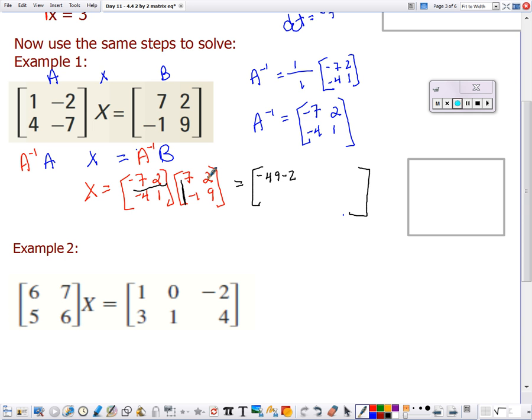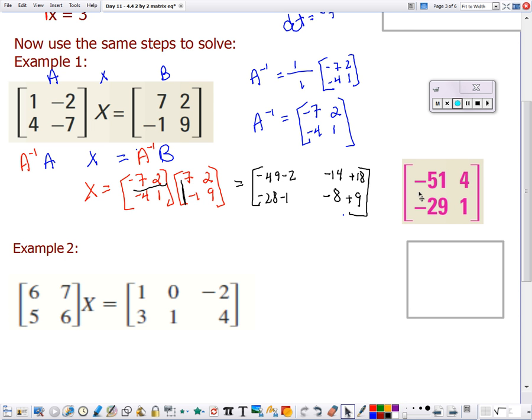And then the top row in the second column is negative 14 plus 18. Now the bottom row in the first column is negative 28 minus 1. And then the bottom row in the last column is negative 8 and 9. And when you simplify, you should get negative 51, 4, negative 29, and 1.